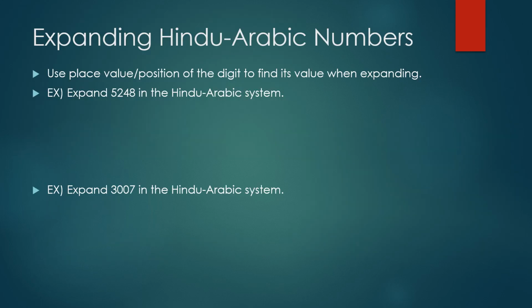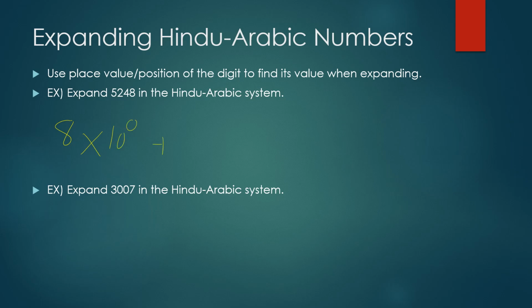So let's practice expanding Hindu-Arabic numbers. We're going to expand it by using its place value, or the position of each digit. Let's suppose that we have the number 5,248. If I want to expand this number, I'm going to use the position and the corresponding base 10 value to write the number. 8, for example, is in the farthest right side place, so that's going to be my 10 to the 0 power.